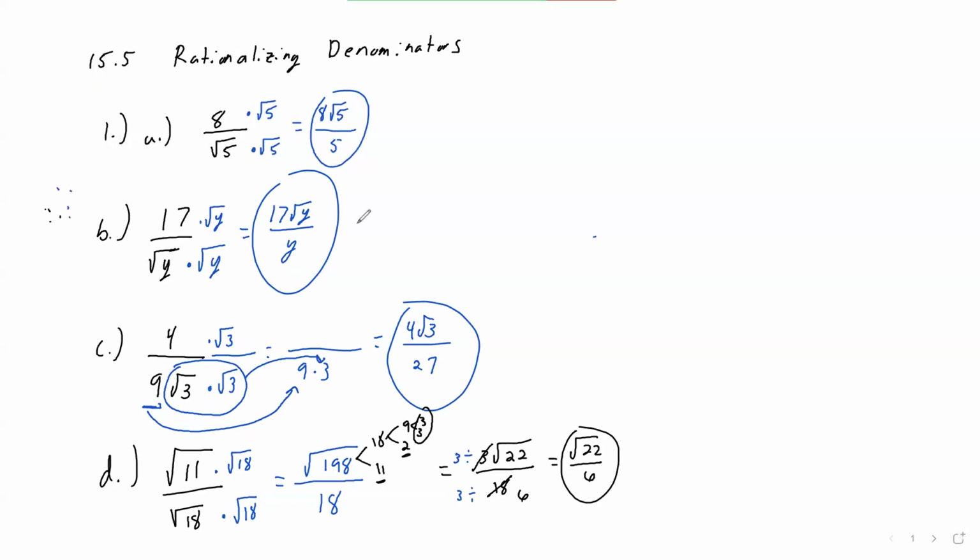Let's look at one like this. This is where rationalizing can get difficult if you don't understand our groups. So the reason we're able to multiply it by its exact self is because how many of the same number do I need in a square root to be able to come out as 1?